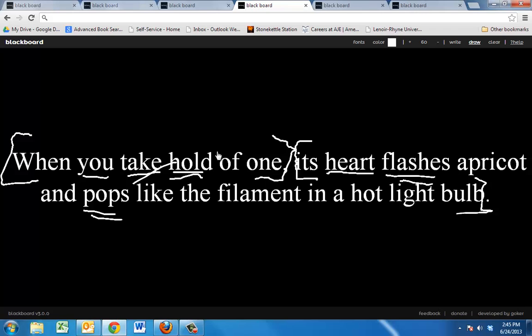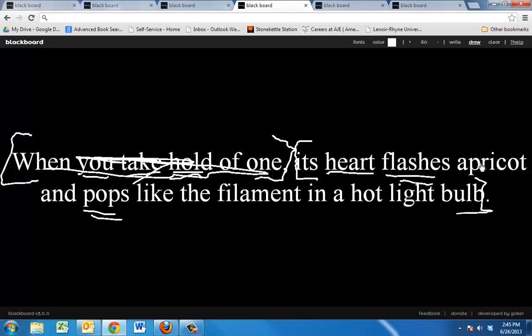So we know that the main subject and verb cannot be here, so let's just draw a line through it. Its heart flashes apricot and pops like the filament in a hot light bulb. Well, the main subject is its, heart. Heart really is the main subject. The main verbs, it's a compound verb, there are two of them, flashes and pops.